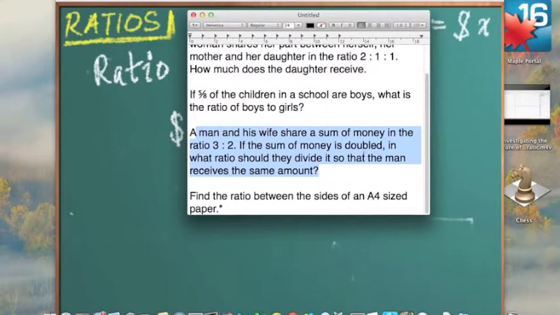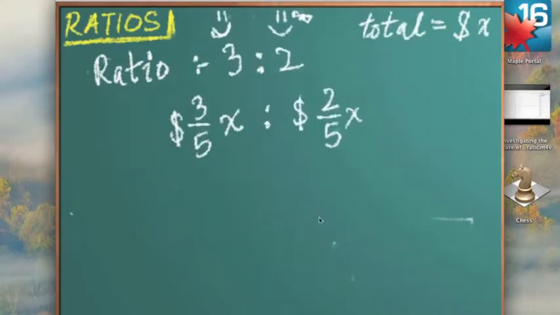Now that is all very easy, but the problem says, if the sum of money is doubled, in what ratio should they divide it so that the man receives the same amount? Now this is getting a little bit more tricky.